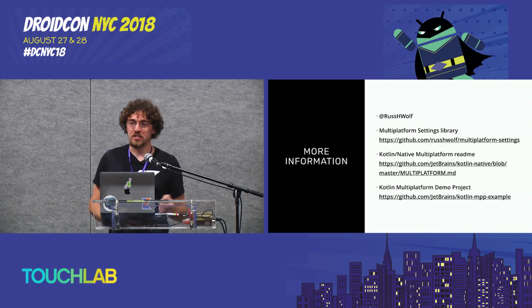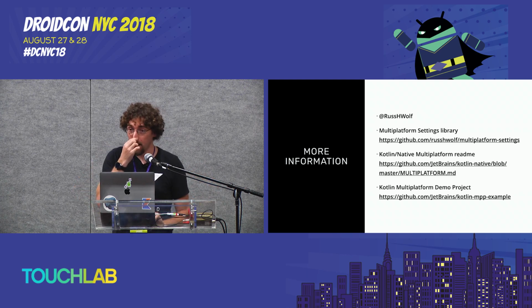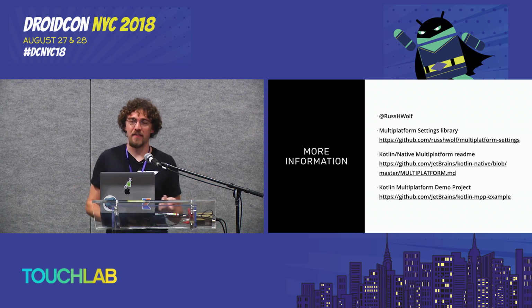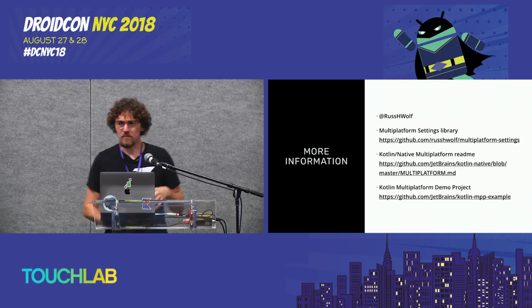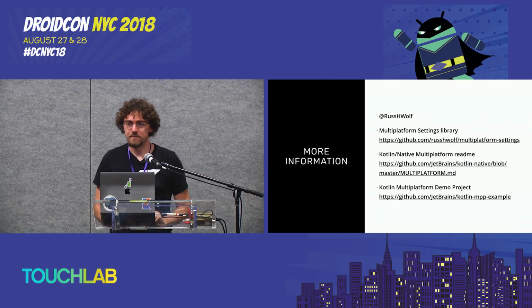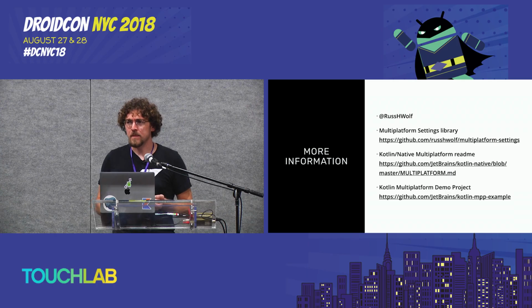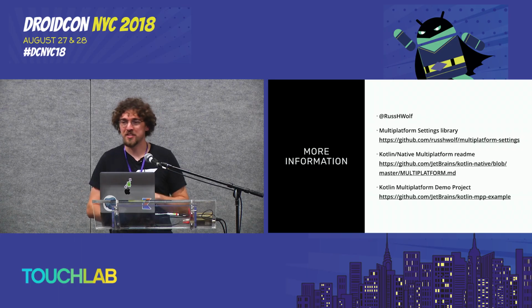Kotlin Native does give you a bunch of tools around memory management to make sure you can define things scoped where you want them to be. But that is one area that they've talked about, and it might be changing a little bit as things go. Kotlin Native is using a reference counter also, but I'm not super well versed in the implementation details of what that looks like and how that compares to what iOS is doing natively.